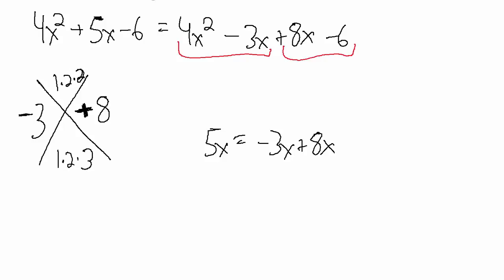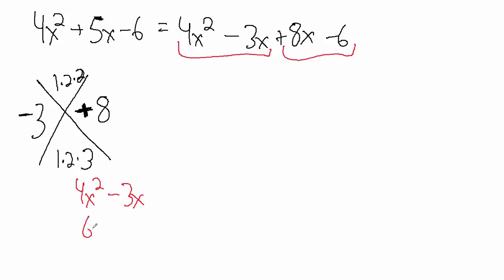So let's go ahead and make some room down here and get rid of that. And we'll come off to the side down here, and we'll look at 4x squared minus 3x. What's the greatest common factor there? Well, the greatest common factor between 4 and 3 is just 1. The greatest common factor between x squared and x is just x.